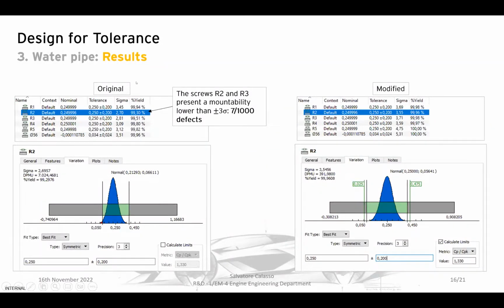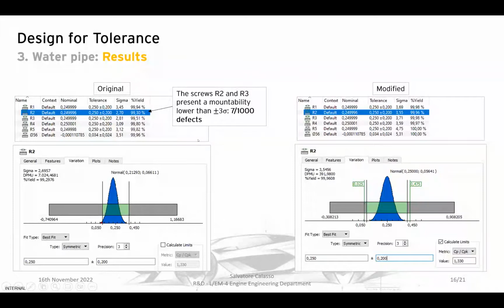On the left, we have the original cases, and as you know, the R2 screw was not okay in terms of mountability, because this 2.7 in sigma means 7 over 1,000 defects.